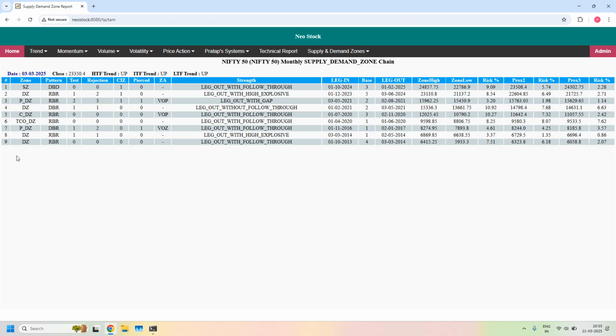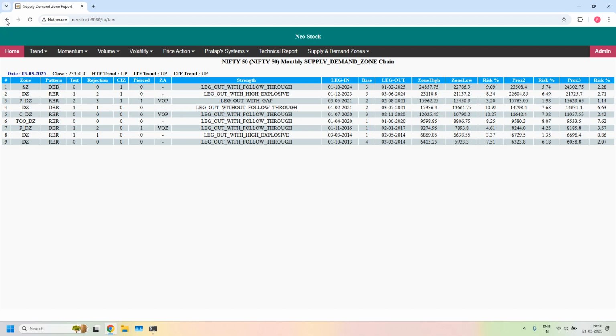So in any supply demand zone chain report, always look into the zone column to find the high liquidity zones. Look into the pierced column to find the pierced zones. And also look into the LTF trend to find the trend of the current time frame you have selected. Remaining columns you can understand easily.